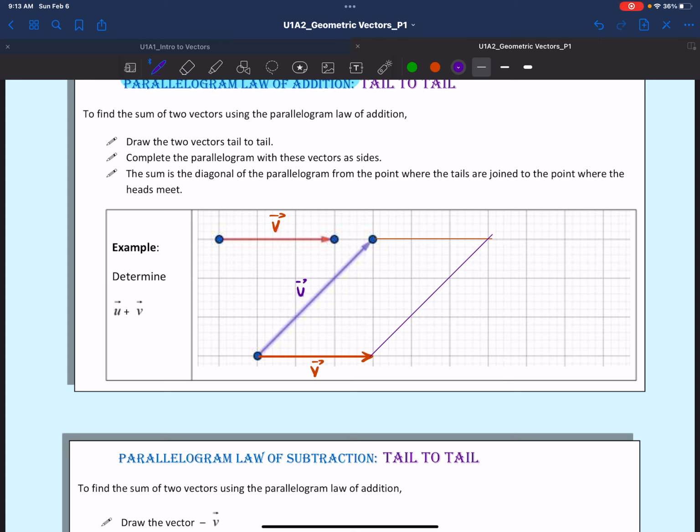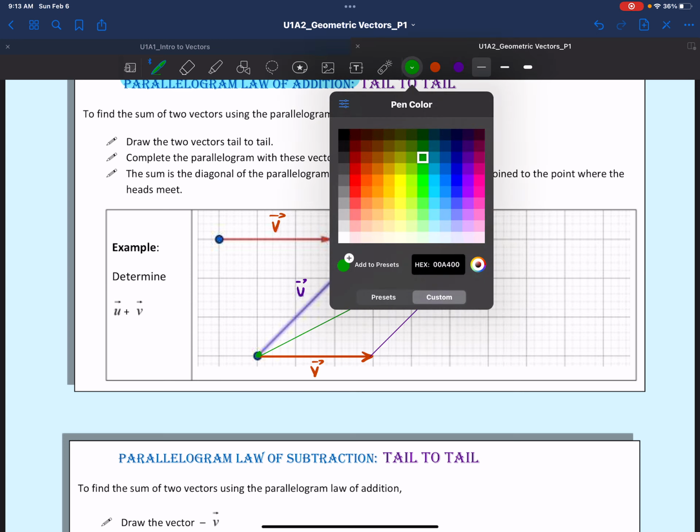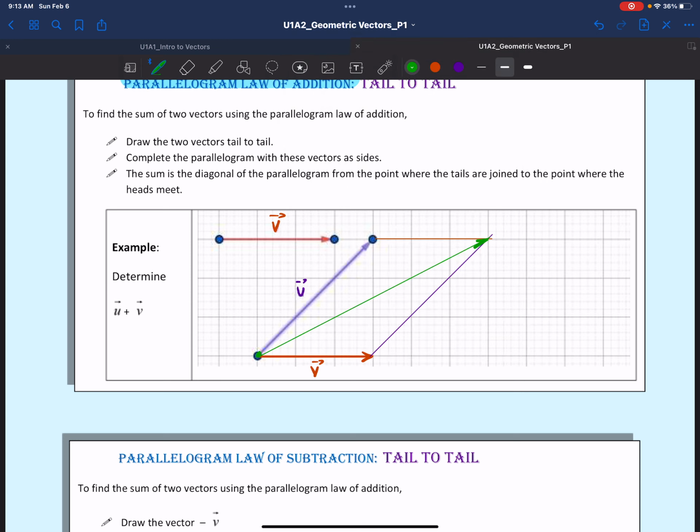As you can see here, we have a perfect parallelogram. So where is the resultant? The resultant will always be the diagonal that comes from where both tails are, and it's heading towards the opposite vertex. So this would be the resultant, u plus v, or v plus u.